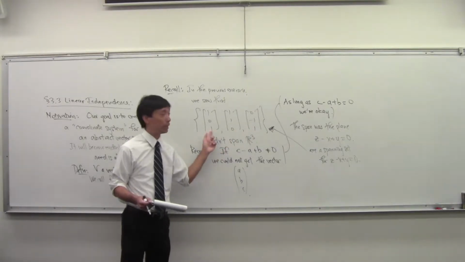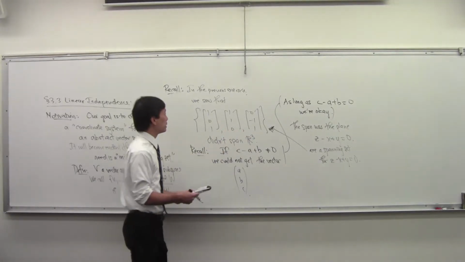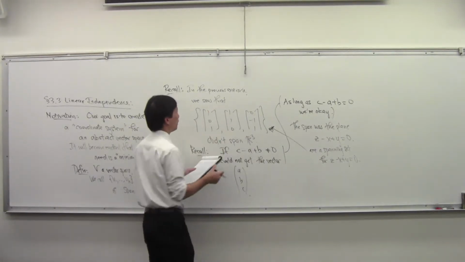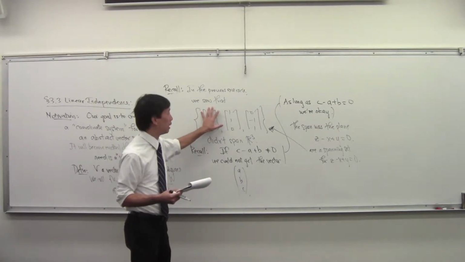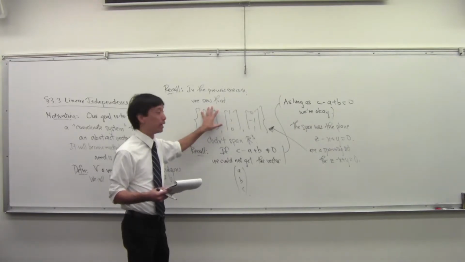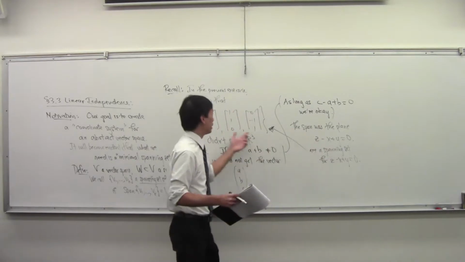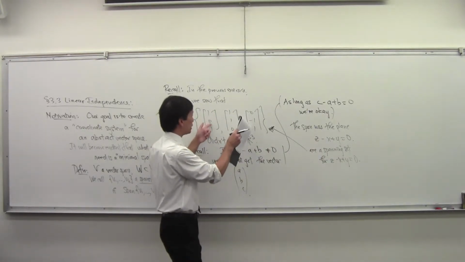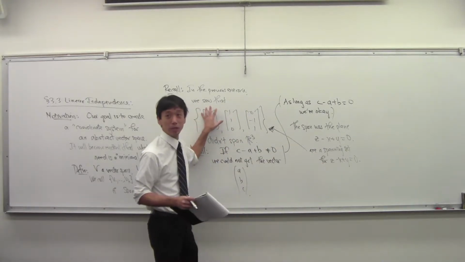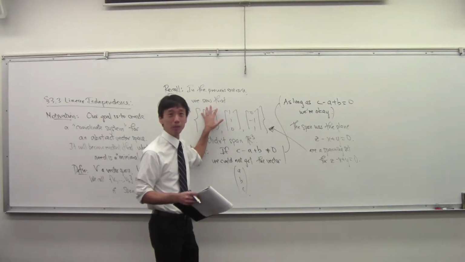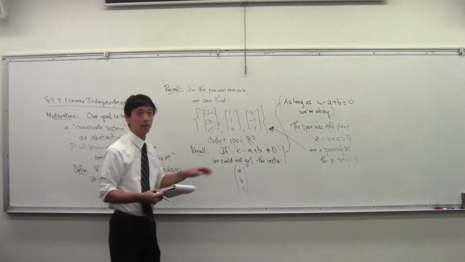So in some sense, this guy is redundant. If I threw this guy out, then I'm not going to change the span. These three vectors span this plane. The linear combinations of these three vectors are this plane. But if I throw out this guy, do I change the set of linear combinations? No. So this one is basically redundant.